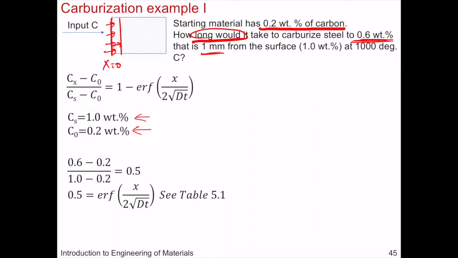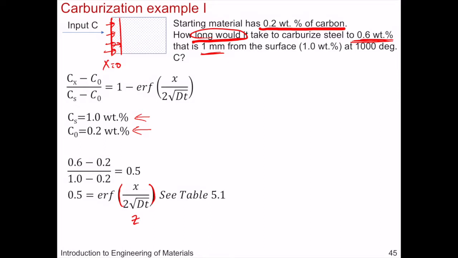Cx is 0.6, that's the desired amount, minus C naught, which is 0.2, divided by 1.0 minus 0.2, and that is equal to 1/2. Okay. If we move the 1 over, we'll get 1/2 is equal to the error function of z, and this is the z amount.